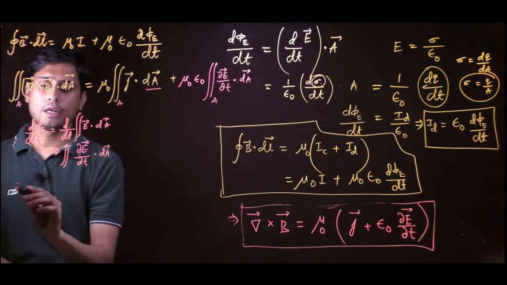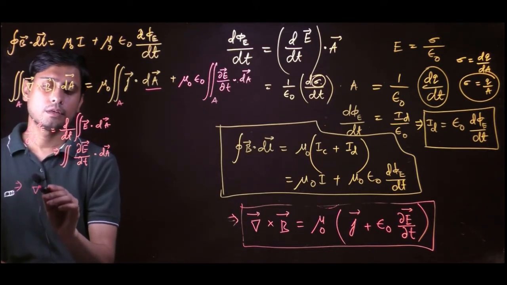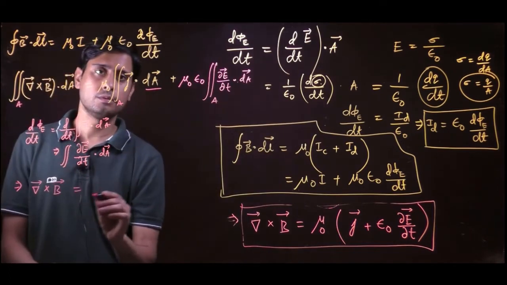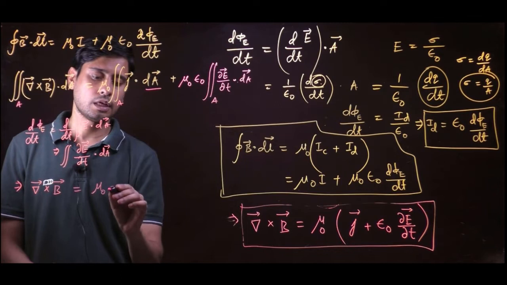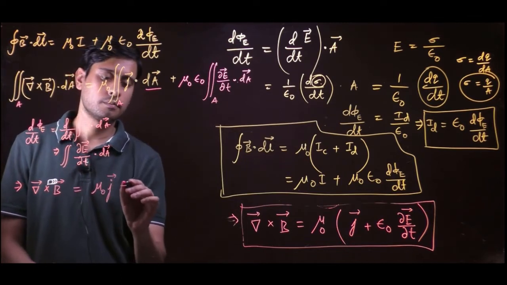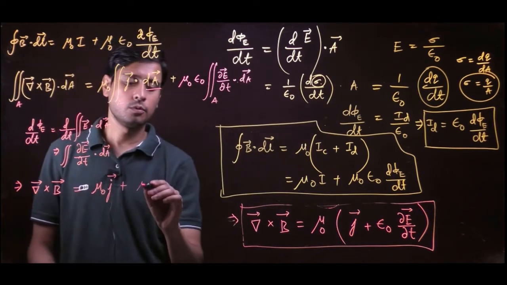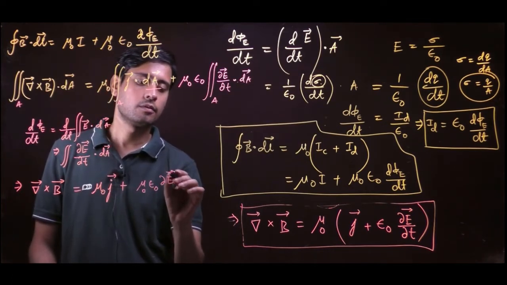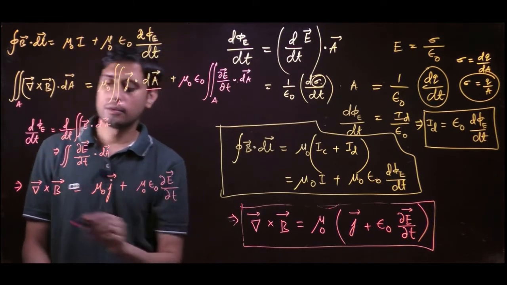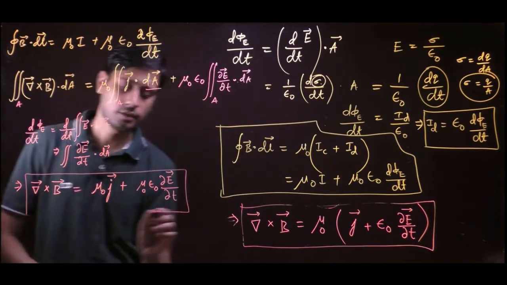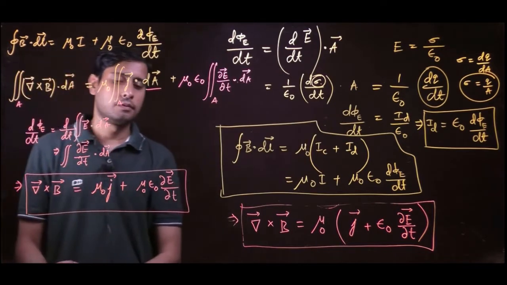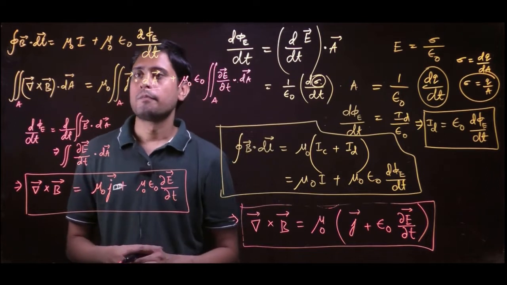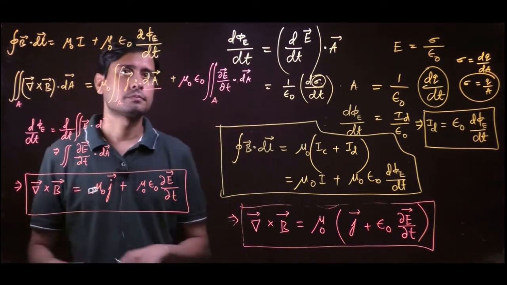So simply you can write that del cross B equals mu naught times J plus this mu naught epsilon naught del E over del t. So you can see how easily we have got the differential form of Maxwell's law from the integral form.